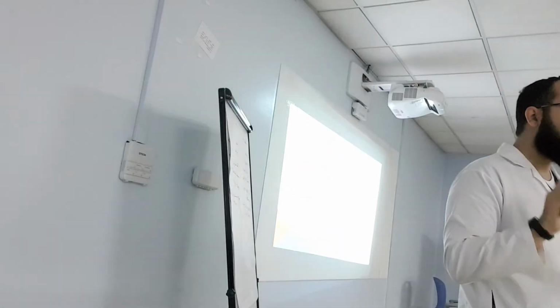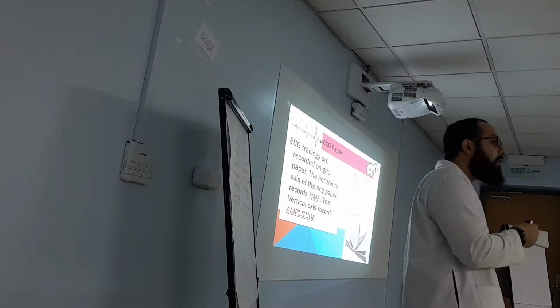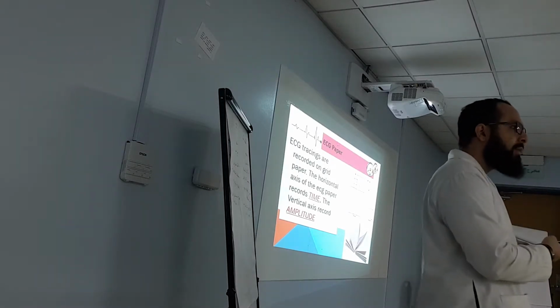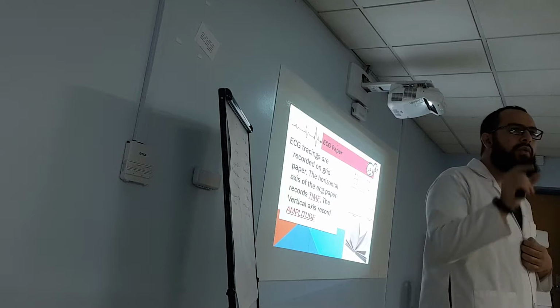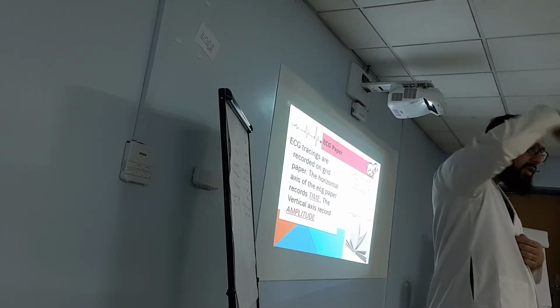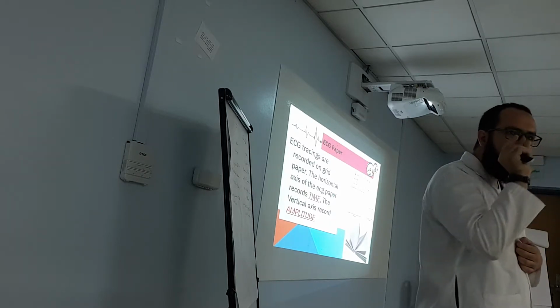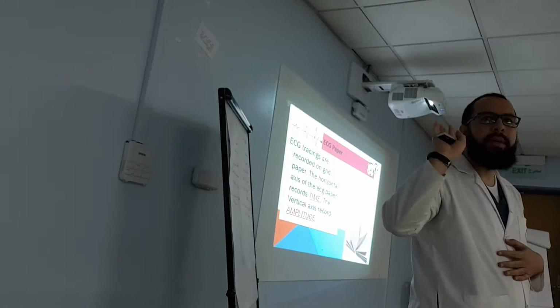Bear with me. Remember this number. Each second, the paper comes out of the machine at a speed of 2.5 centimeters. So if you run the machine for 1 second and stop it, you will see the paper measuring only 2.5 centimeter or 25 millimeter.